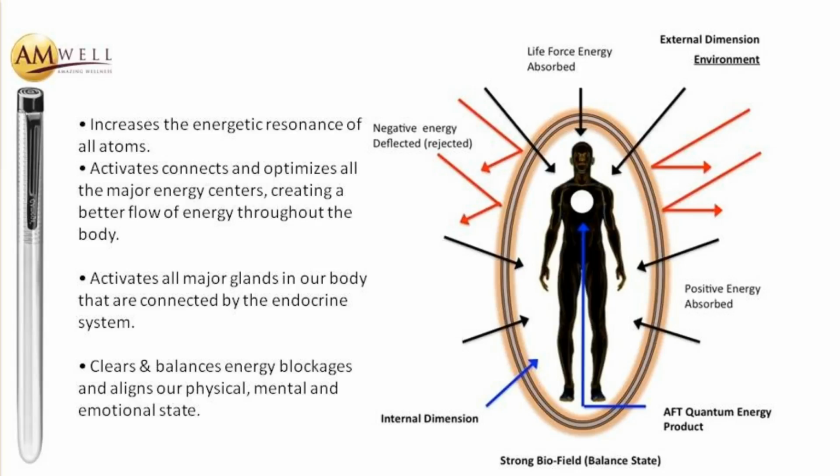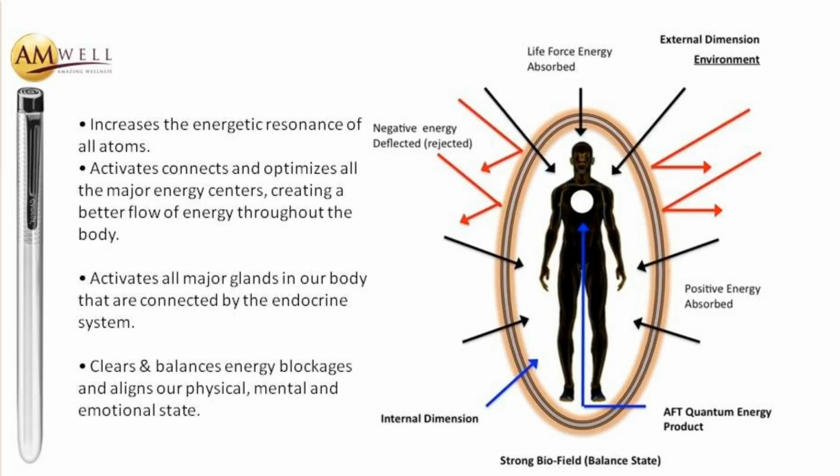So when you use the AFT tools, whether it's a wand or the pendant, it helps to facilitate the sourcing of life force energy from the environment, which is already in abundance. When it's able to source the energy, it's also able to cleanse, charge, and rejuvenate the whole energetic system within us, bringing it to a state of balance. When that happens, automatically the healing happens at a phenomenal level. That's exactly what we're doing, and when you use the M1, that's exactly what's happening.